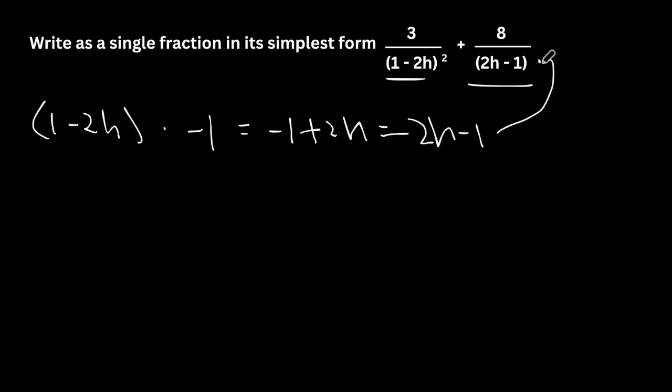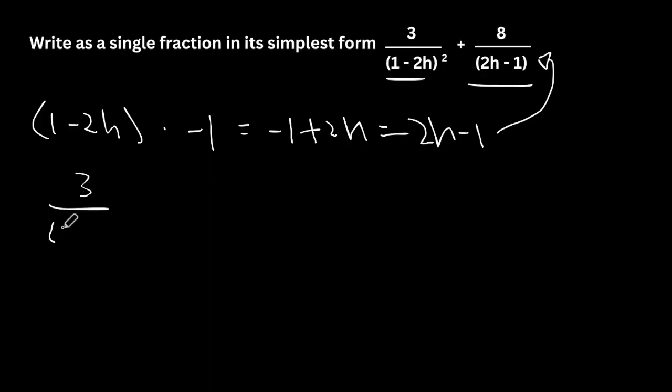So let's use this concept to do this question. If you multiply -1 at the top and at the bottom, you actually get -8 over 1 minus 2h. The negative and negative will cancel out each other and become positive. So that's what we're going to do.